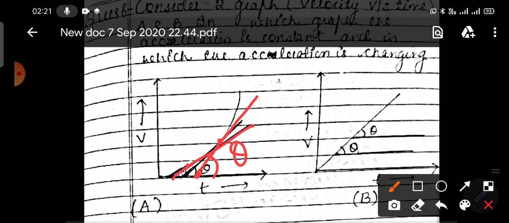Value of theta changing means acceleration is also changing. But in the second graph, if you draw the tangent, the angle theta is not changing. This is your theta, this is also your theta. Theta is not changing, which means acceleration is constant here. So in the second graph, acceleration is constant.